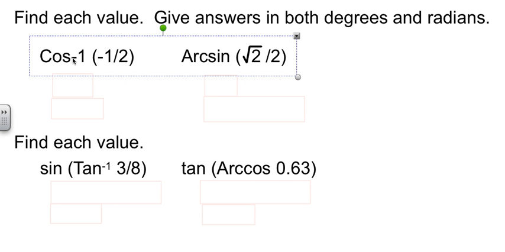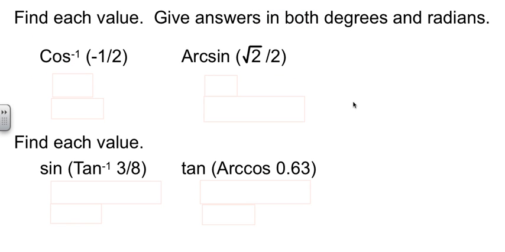Oops, that should have been an exponent, so we'll fix that right now. Not really an exponent, just looks like one. So they want us to find these values, and they want us to give the answer in both degrees and radians. And we talked earlier in the chapter about radians and how to switch our calculators back and forth.